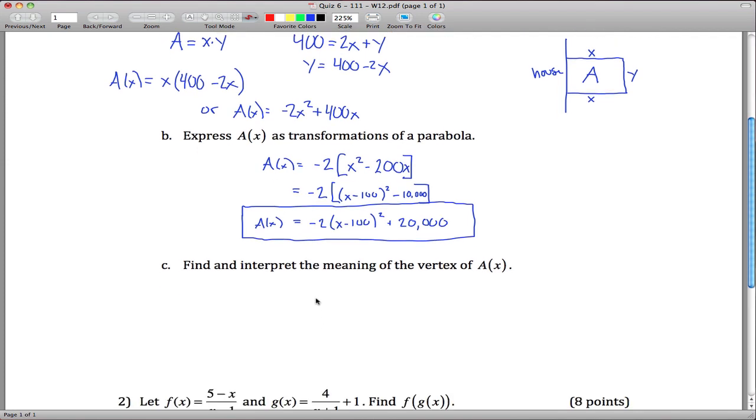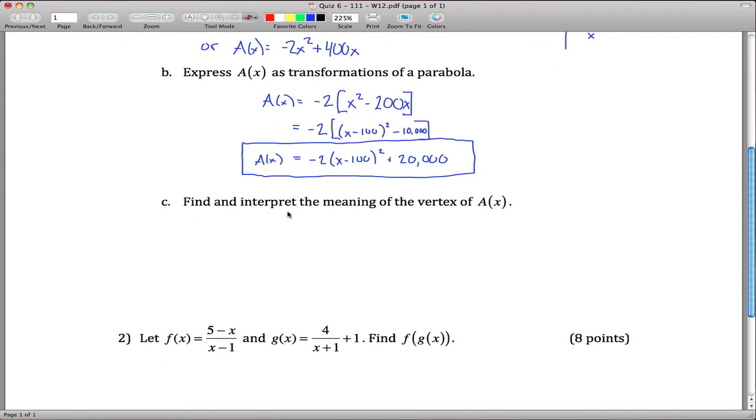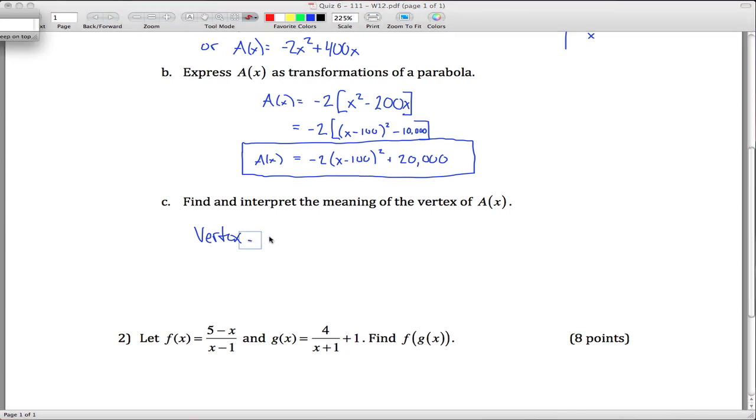All right. And now we want to find and interpret the meaning of the vertex. Okay, so the vertex here, this negative 2 flips our function over and stretches it, but it doesn't move the vertex at all. So we can ignore that. For the purposes of the vertex, we just look at these two numbers. This shifts us right by 100.